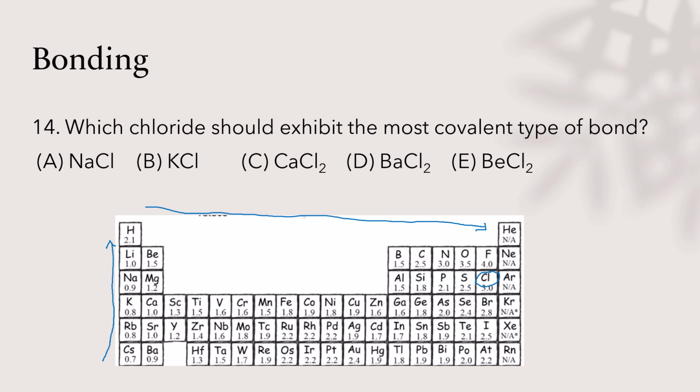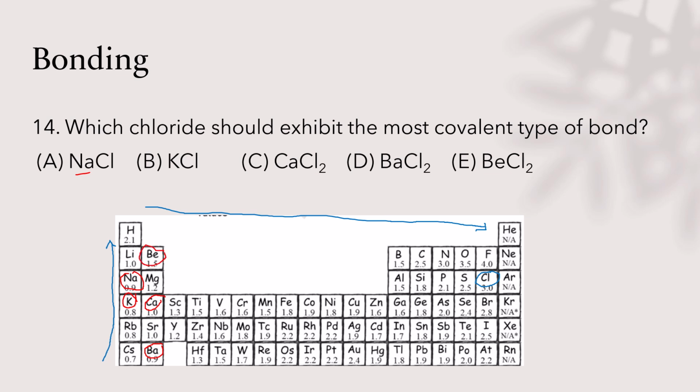So what do you need to find to go with chlorine? Well, whichever one of these choices is closest to this corner is going to be the correct choice. So let's look. We have sodium. So I'm just going to circle all of them. We have sodium, we have potassium, we have calcium, we have barium way down here. Definitely not barium, right? That's very non-electronegative in this bottom corner. And then we have beryllium.